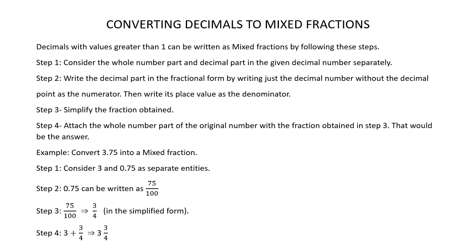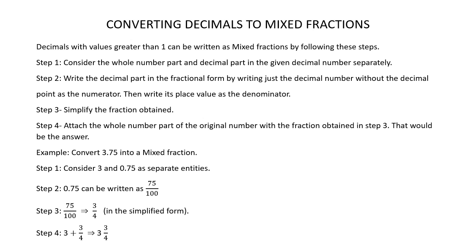Write the decimal part in the fractional form by writing just the decimal number without the decimal point as the numerator. Then write its place value as the denominator. Simplify the fraction obtained. Finally, attach the whole number part of the original number with the fraction obtained in the previous step. That would be the answer.